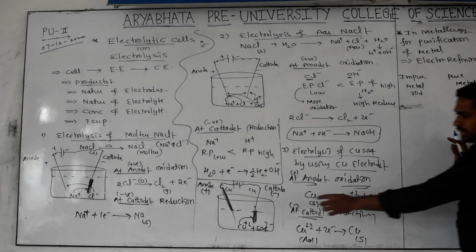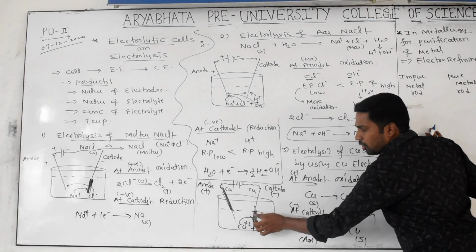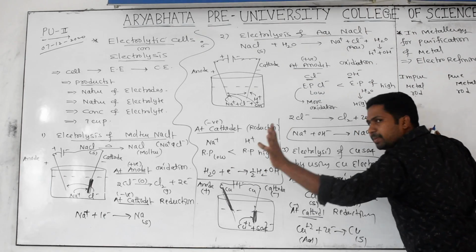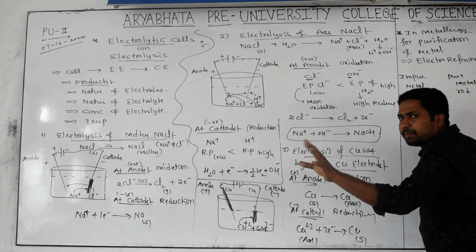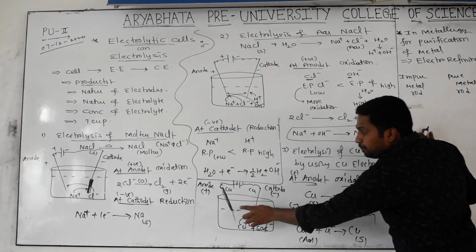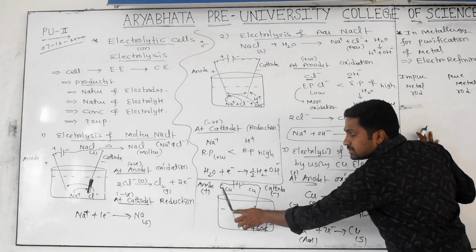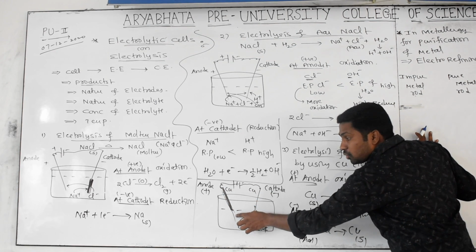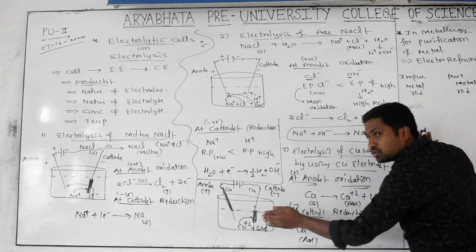For example, you take an impure copper rod and a pure copper rod. In one process you got copper, that copper is impure, but I want to make it pure copper. What should I do? The impure copper rod should be taken as the anode. Then in that impure copper rod, whatever copper particles are there undergo dissolving.